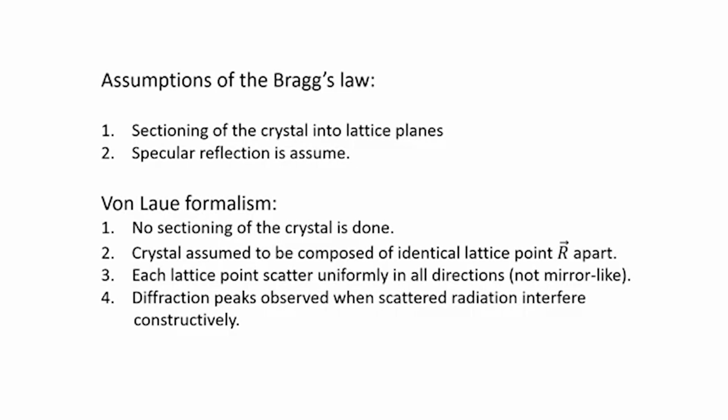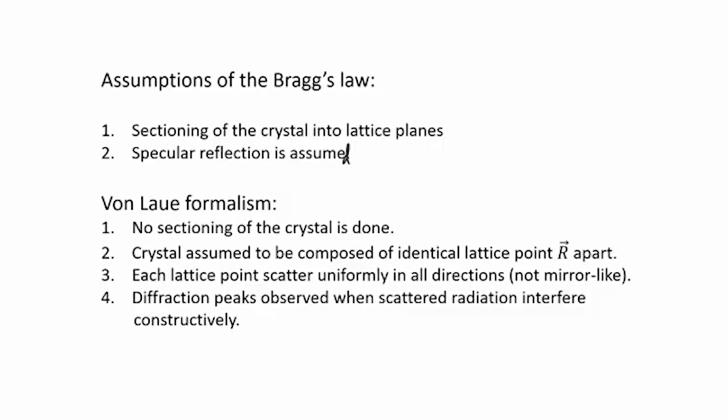But this sectioning of the crystal into lattice planes is an approximation, or rather a superimposed condition that we have done in order to understand Bragg's law. In addition to that, we have assumed specular reflection. What is meant by specular reflection is a mirror-like reflection.